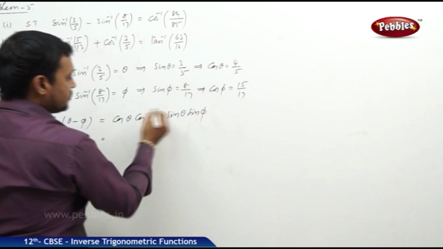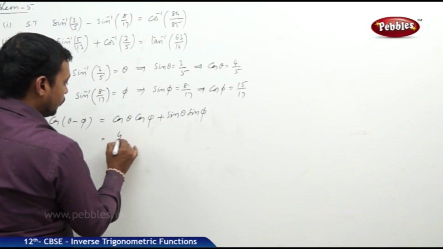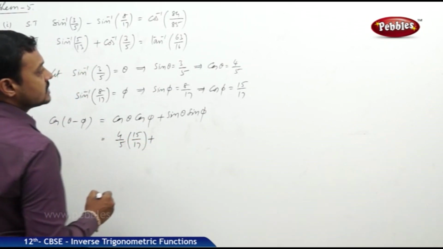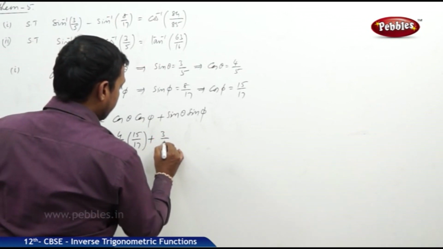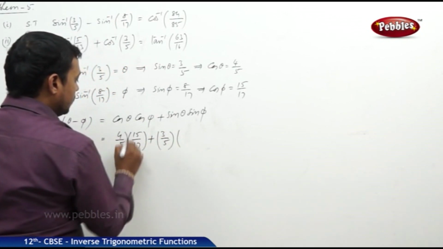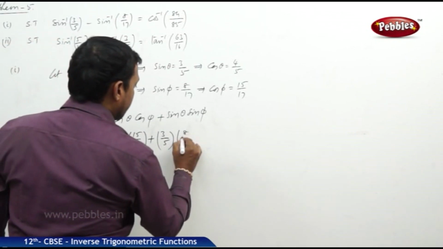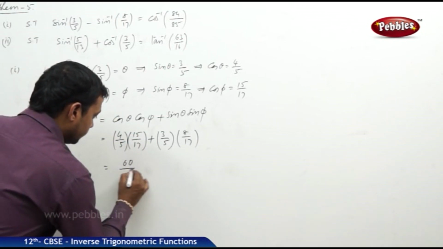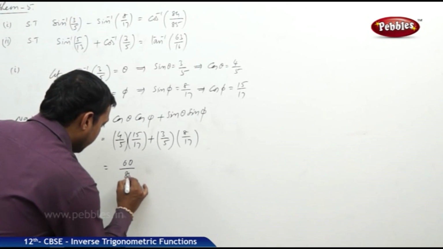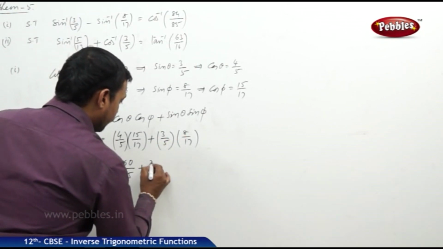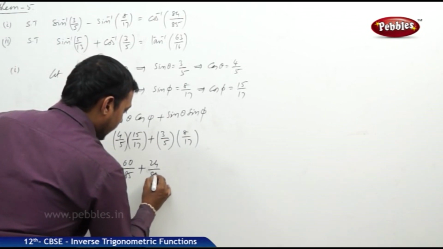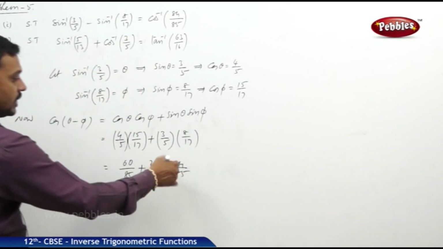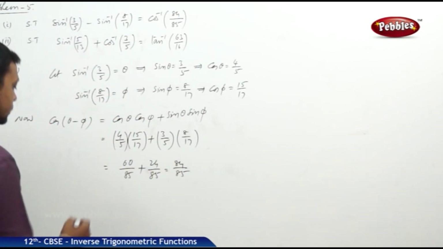Now substitute all these values here. Cos theta is equal to 4 by 5, cos phi is equal to 15 by 17, sin theta is equal to 3 by 5 and sin phi is equal to 8 by 17. This is 4 into 15, 60 by 5 into 17, 85, plus 24 by 85. So 60 plus 24, 84 by 85. This is the value of cos theta minus phi.